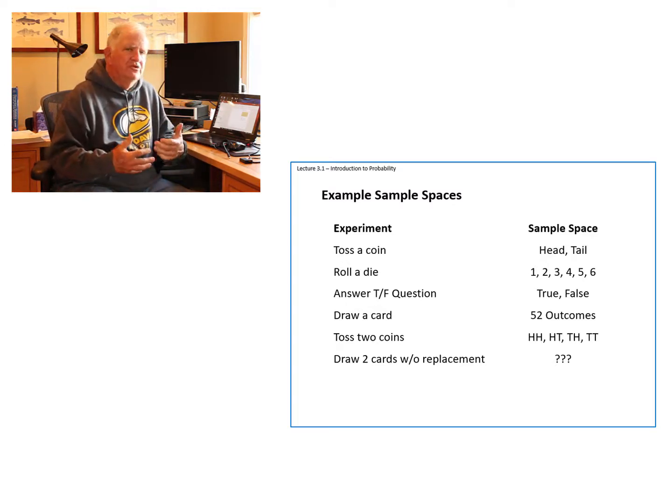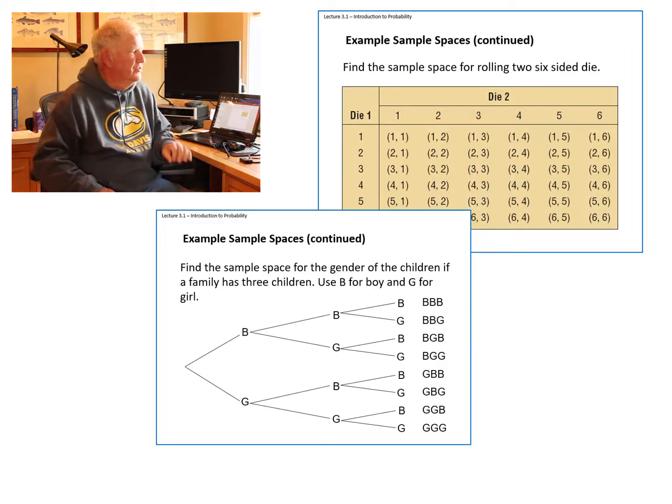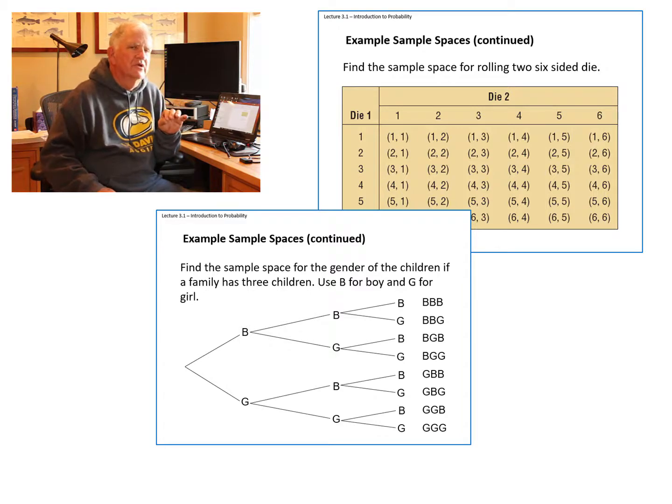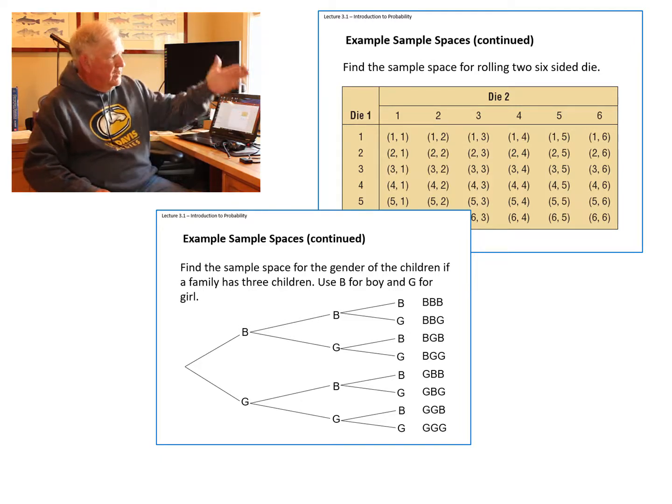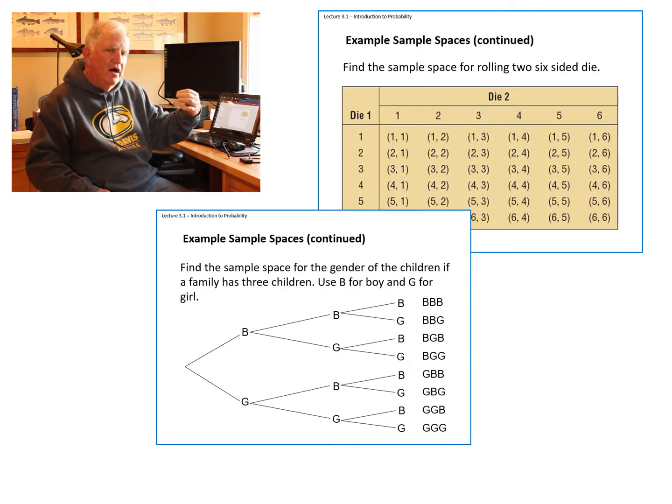What you might not appreciate is that the experiments don't have to be too sophisticated before they start to have a lot of outcomes. For instance, in this top chart here, these are the 36 outcomes that occur when you roll 2 dice. Below that are the 8 possibilities that you might have in terms of having boys or girls when you have 3 children.